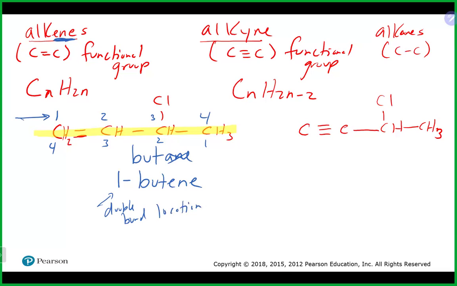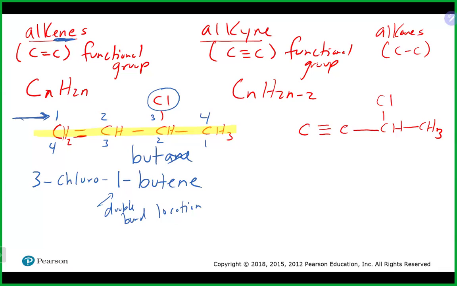Any questions on that? Now the rest is exactly the same because I locked in my numbering for this. My group, which is the Cl, has to be at carbon number 3. So this would be 3-chloro-1-butene. Again, the double bond's located there.